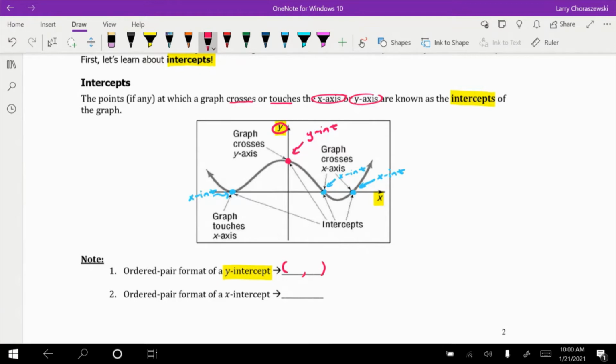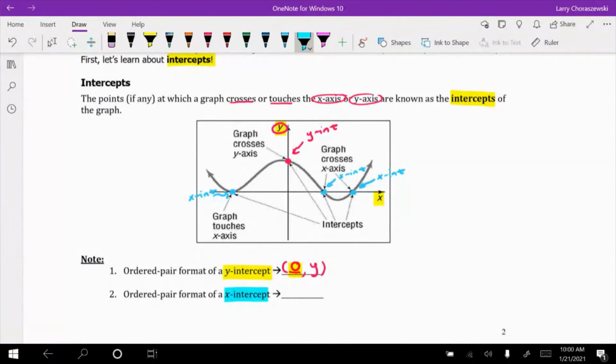What would the x-coordinate be for a point on the y-axis? So this guy right here. Yep, it would be 0, and then whatever tick mark the graph is crossing on the y-axis. So I'll put 0, y, just to be general. With any y-intercept, the x-coordinate is 0. That's because to plot the point, you just go up or down. You don't go left or right any.